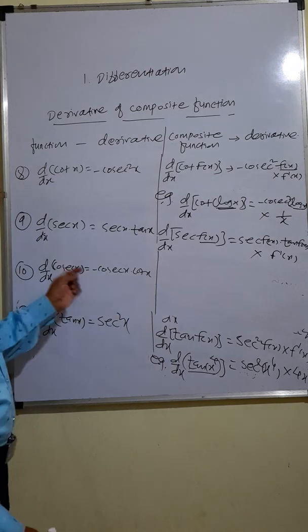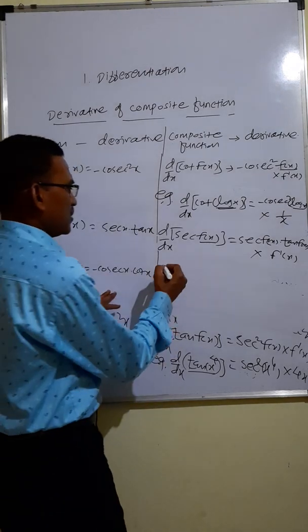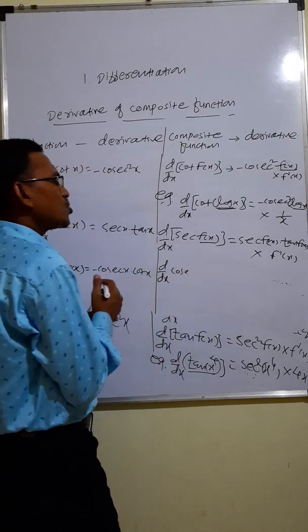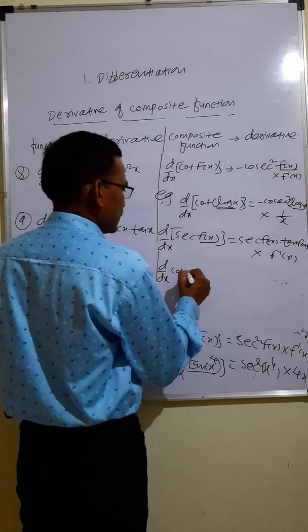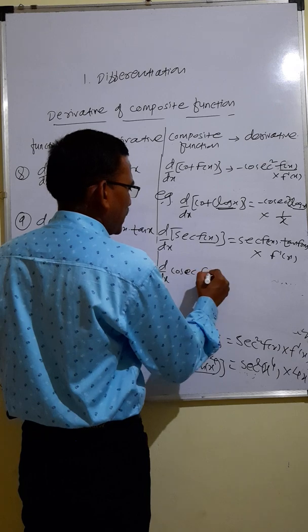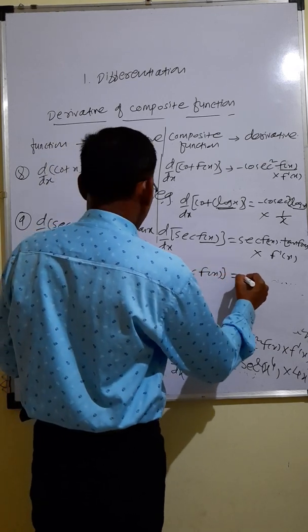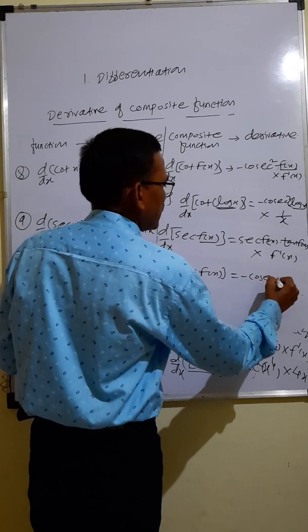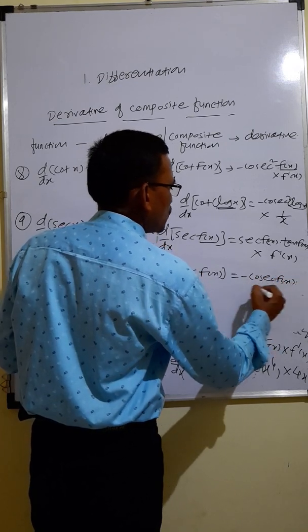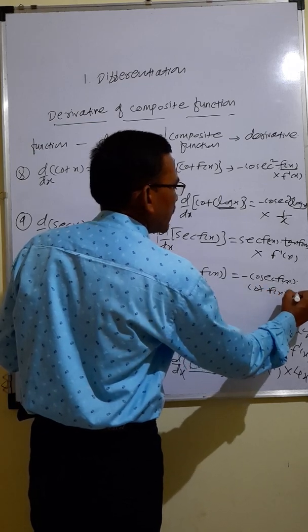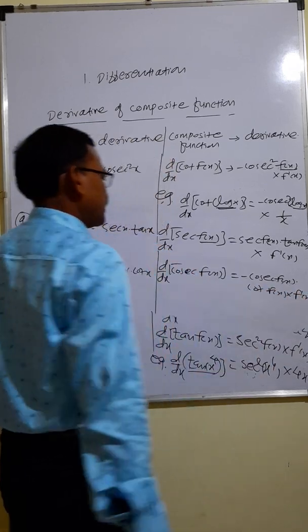In the same way, the derivative of the composite function cosec f of x is minus cosec f of x into cot f of x into the derivative of f of x.